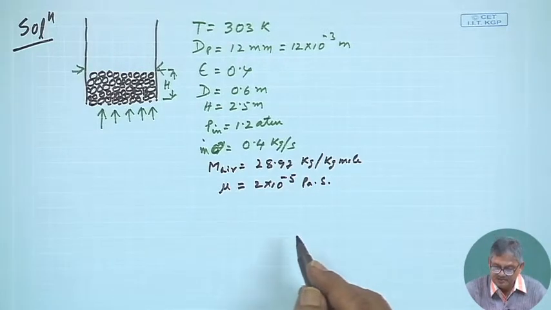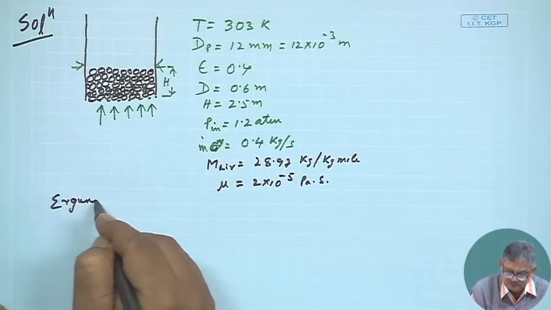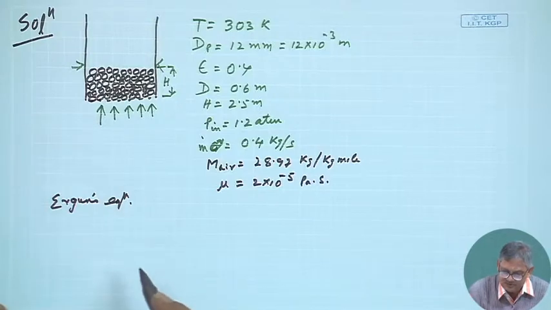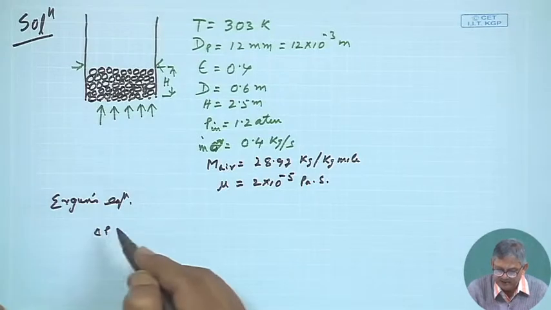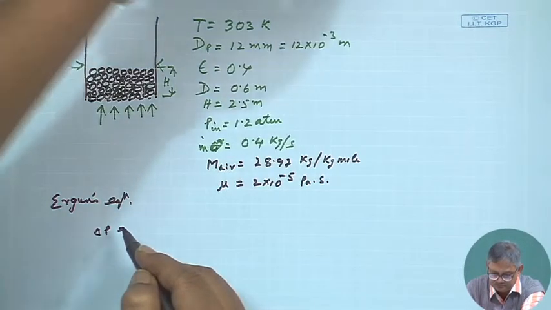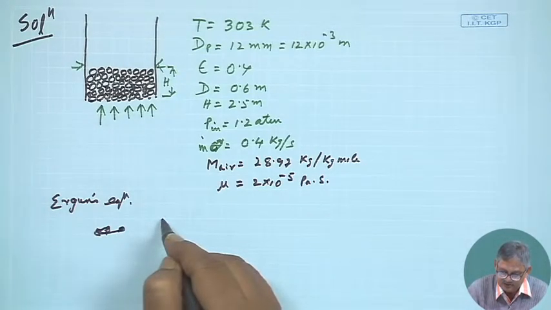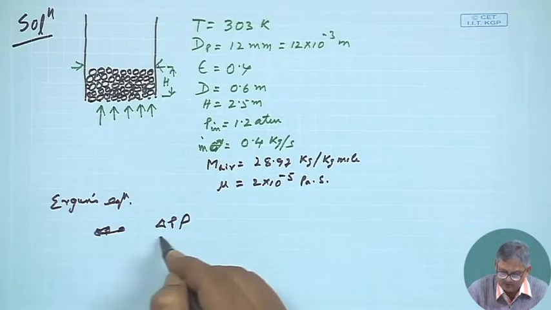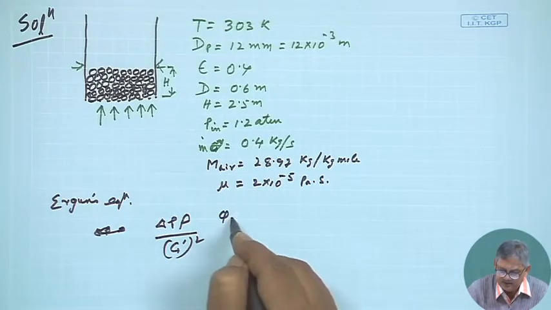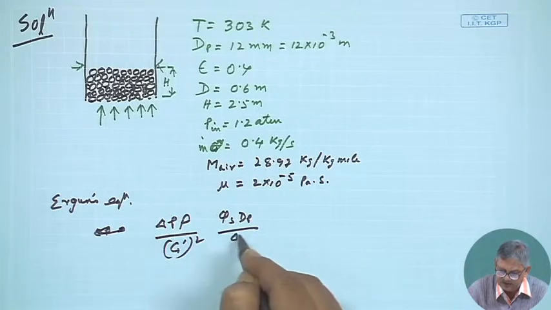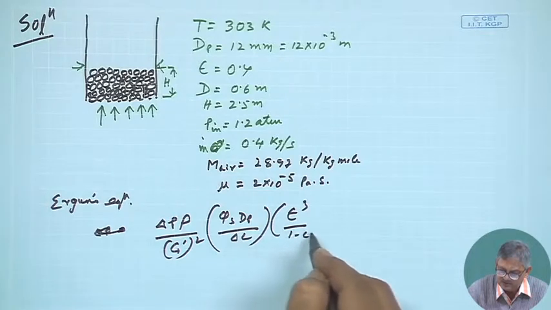Now, if we remember Ergun's equation, which we said was, not delta P, it was delta P rho over G prime square, phi s dP over delta L, epsilon cube over 1 minus epsilon.